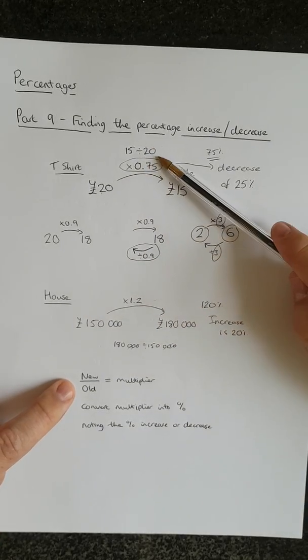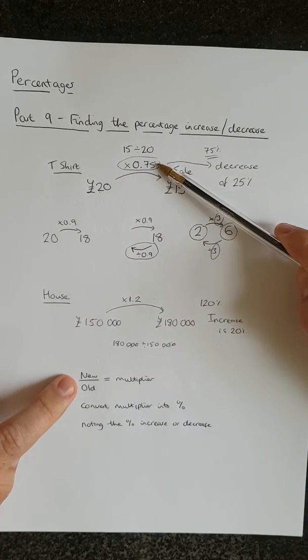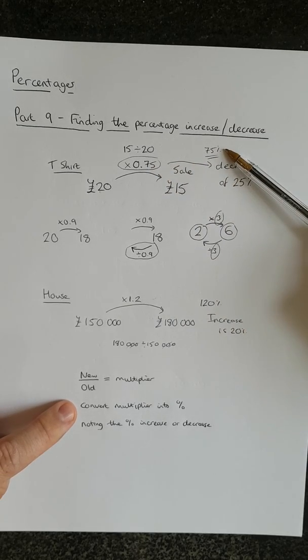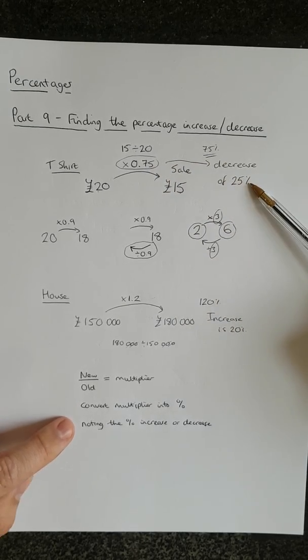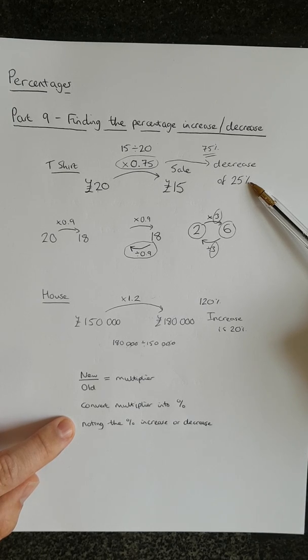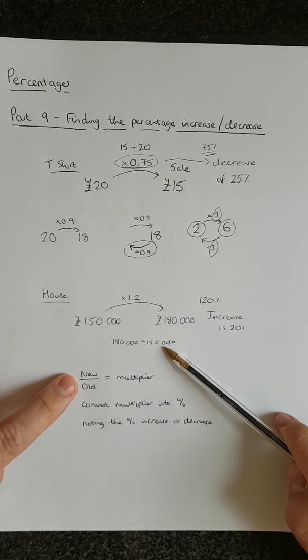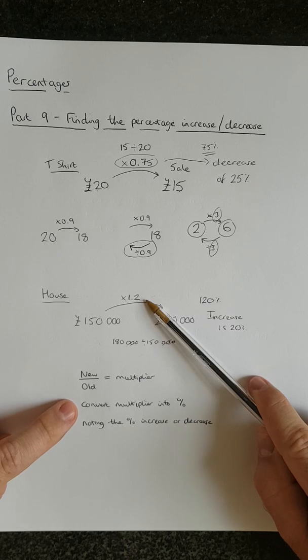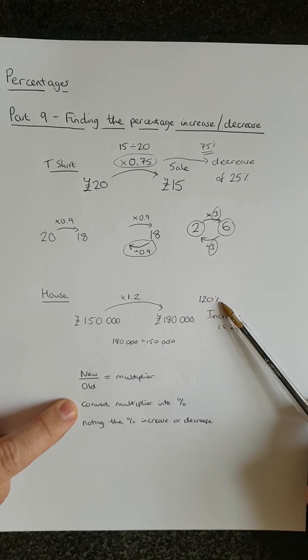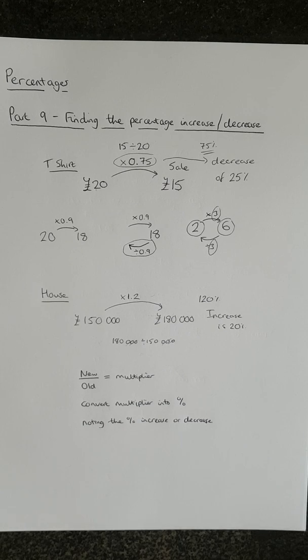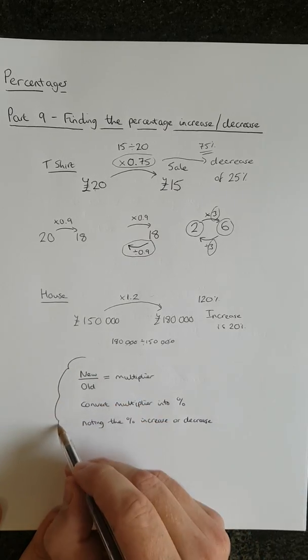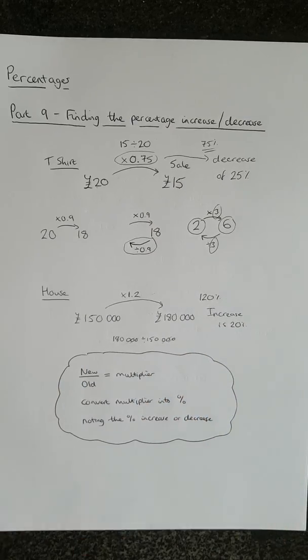So, new divided by old, converting to a multiplier and then into a percentage, noting the increase or decrease. So all of a sudden, this method is starting to make a lot of sense, hopefully. And those 3 steps will guide us through some questions.